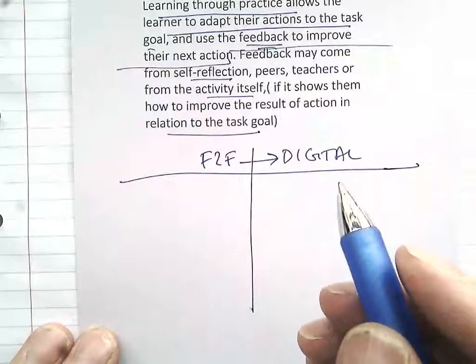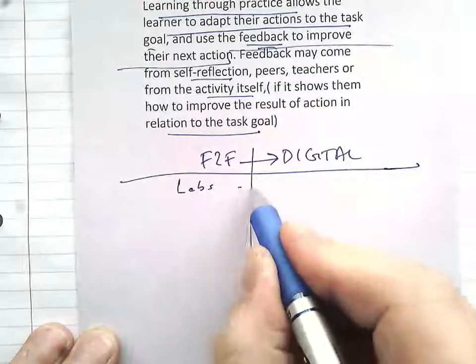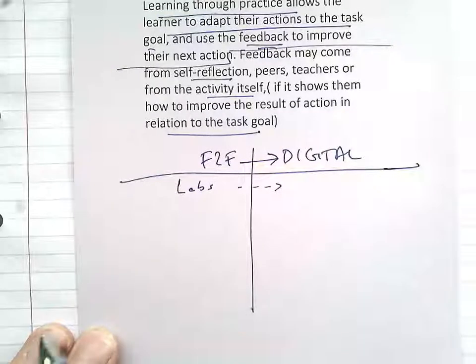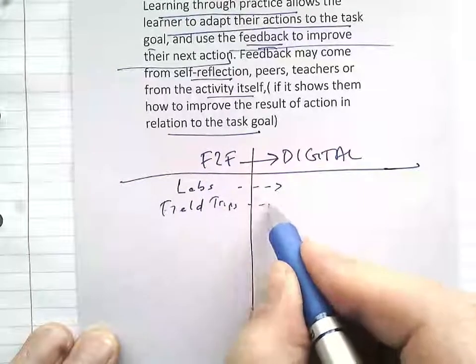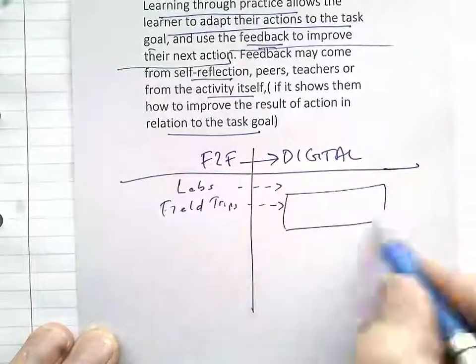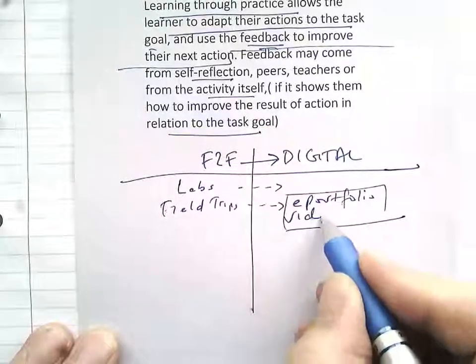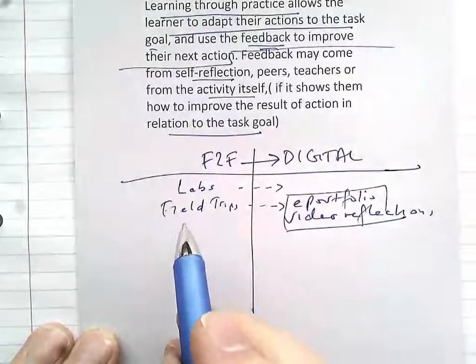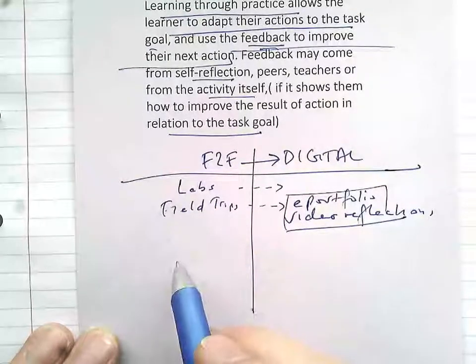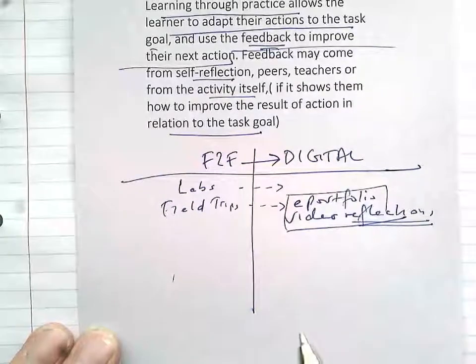Now, here we have labs, a little bit more difficult. Field trips. Now, reporting back here may be through some kind of e-portfolio, video, reflections. So what you do here in a face-to-face sense, maybe altogether you can do on your own, but still providing the reflection, still demonstrating the learning.